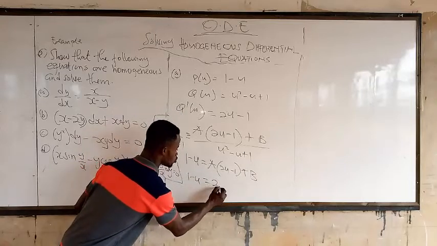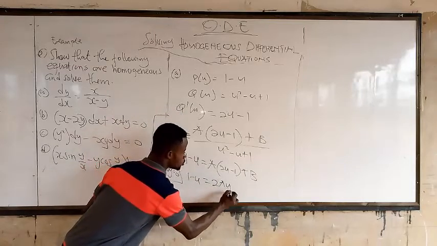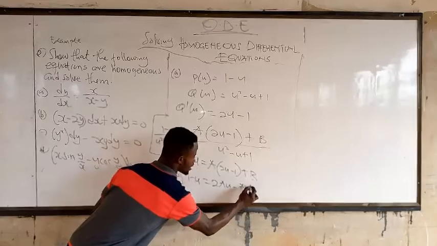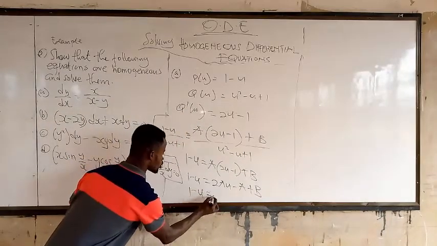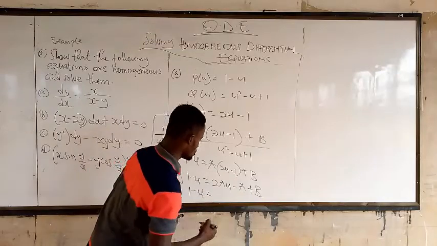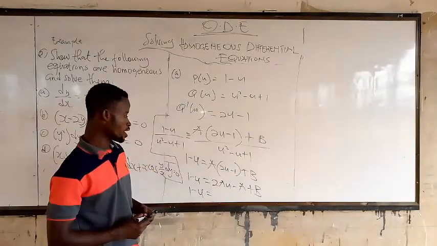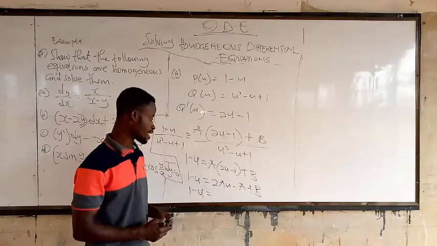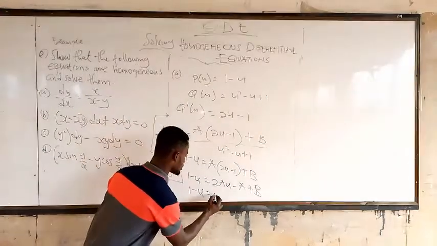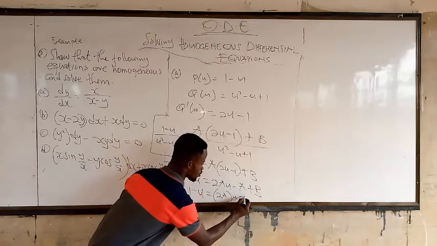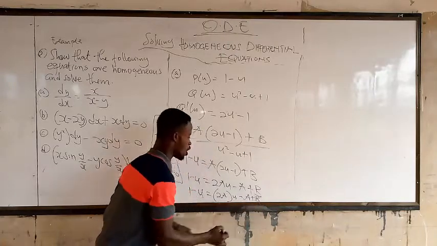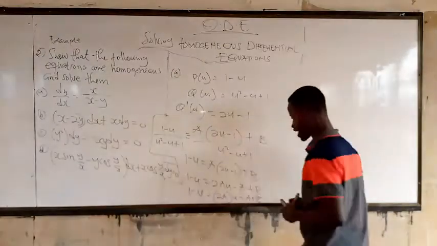This will give you 2Au minus A plus B, and we get 1 minus u equal to that. When you group like terms, you can see 2A is the coefficient of u, and minus A plus B will be the constant.